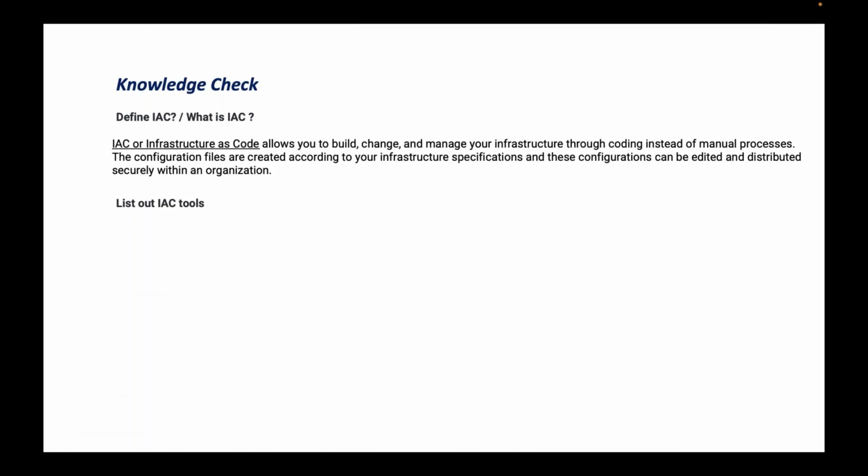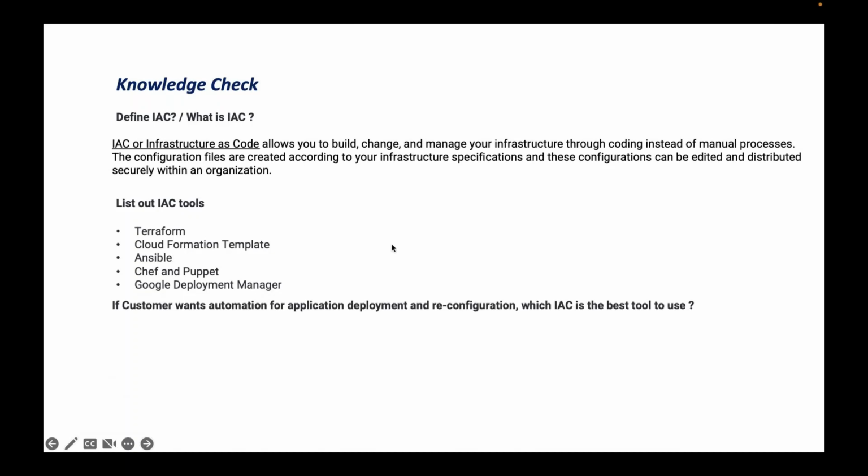Ansible, Terraform, Chef, Puppet, those are the IAC tools. Correct. If a customer wants automation for application deployment and reconfiguration of the application, which is the best IAC tool to use? Puppet or Ansible. Everything is fine, but we should not go for Terraform in this case.